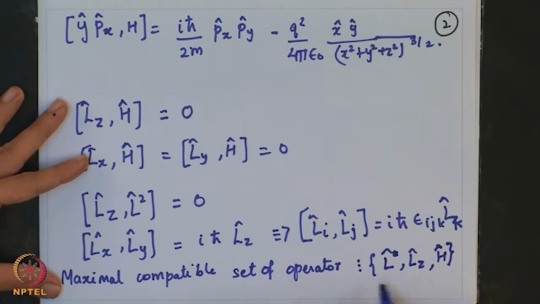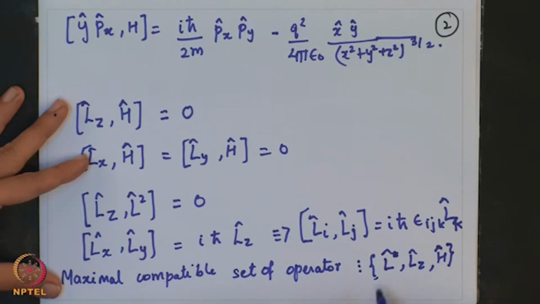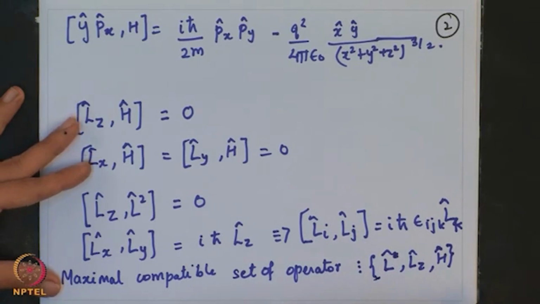You can have a compatible set of L square, Lx, H or L square, Ly and H. So, these form the compatible sets of operators, and when you pair them you can form a simultaneous eigenket for these operators.